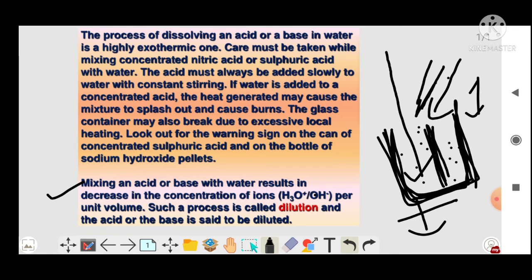So what is the process? The acid or base should be mixed into the water. As a result, the concentration of hydronium ions or OH minus ions per unit volume decreases. Such a process is called dilution, and in this way dilution of acids or bases can be done.